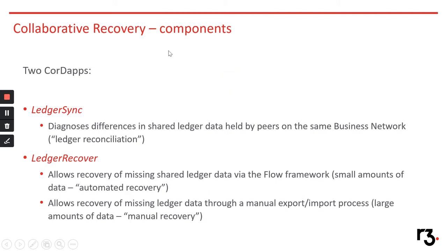So collaborative recovery has two main components. There are two CorDapps. The first one is called Ledger Sync, and it allows operators to diagnose differences in the shared ledger data held by peers on the same business network.